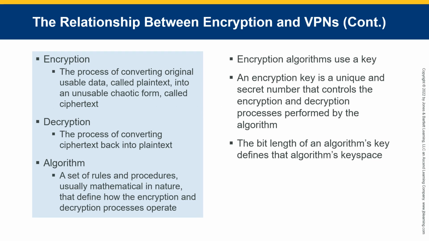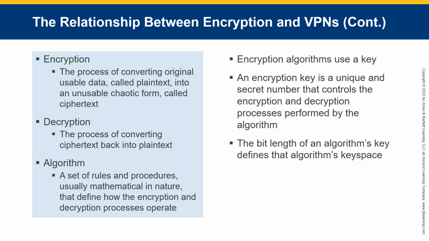It's the process of converting original usable data, called plain text, into a chaotic form called ciphertext. Decryption is the reversing of that ciphertext back into plain text. And the algorithm is a set of rules and procedures of a mathematical nature that define how the encryption and decryption process operate.